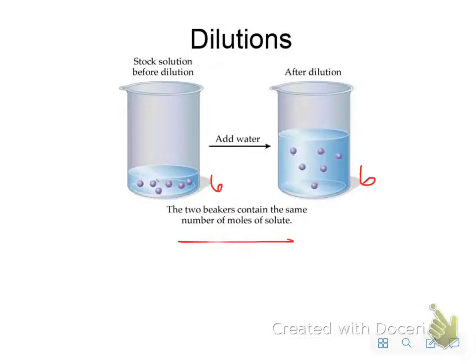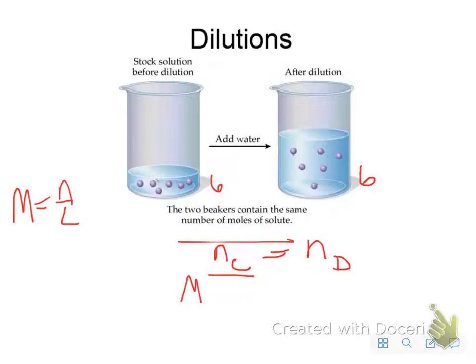So it's key to understand that the moles of the concentrated solution equal the moles of the dilute solution. Now we also know molarity is moles over liters, right? So I can replace this with molarity of the concentrated times the liters of the concentrated equals the molarity of the dilute times the liters of the dilute.